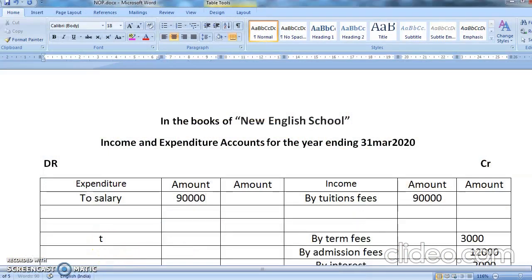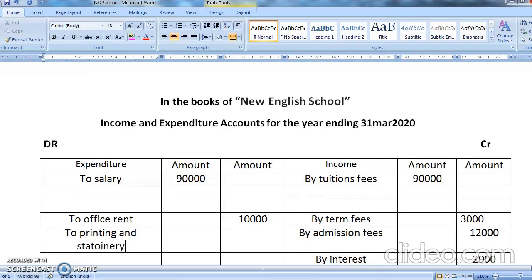So to office rent, office rent was 10,000, no adjustment. To printing and stationery, again no adjustment, 22,000.